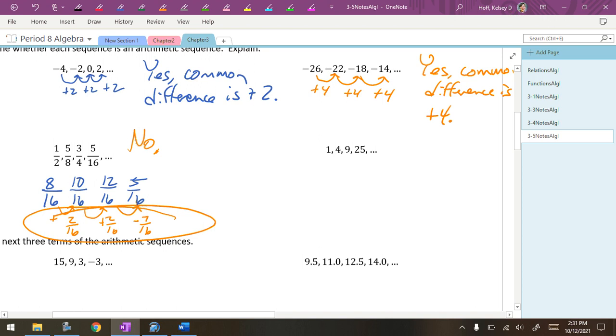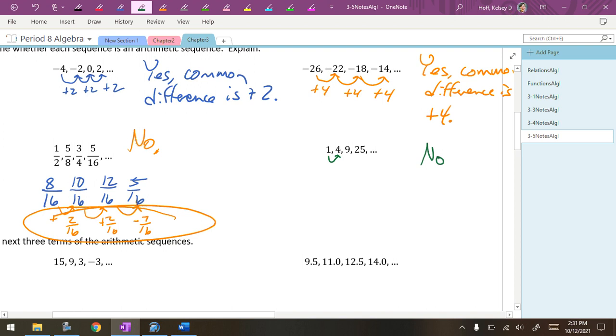Try that last one on your own. If I gave you the sequence 1, 4, 9, 25, you determine if it's arithmetic. Is this arithmetic?